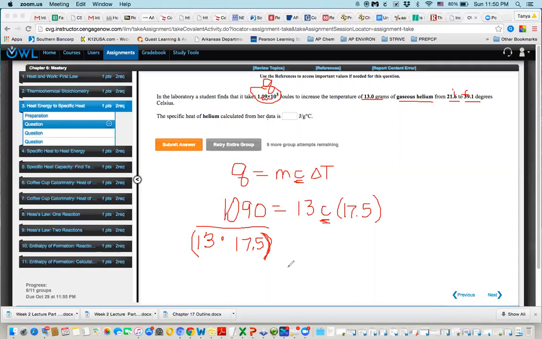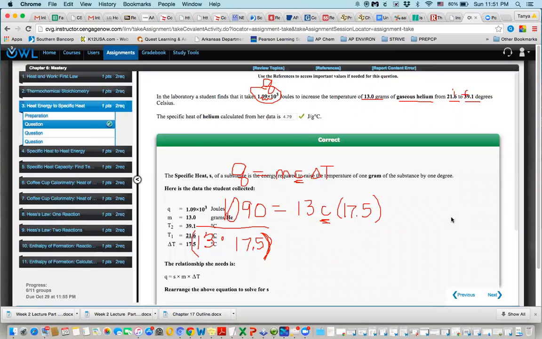Okay. So we've got 1090 divided by 13 and also divided by 17.5, and I got 14.79 for the answer. So let's check that real quickly. Sorry, I didn't get 14.79. I got 4.79. All right. And that is correct.